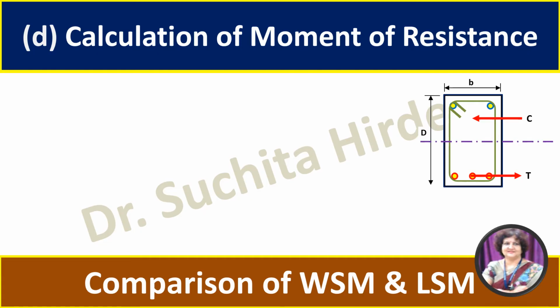Therefore the tensile forces will be developed at the point of reinforcement. For equilibrium, the total compressive force is equal to the total tensile force. So C is equal to T.